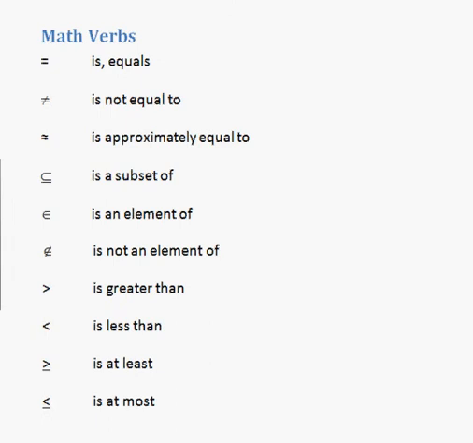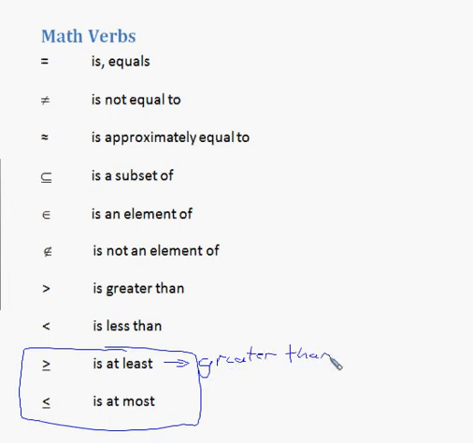You've seen them before in previous courses, but we have greater than, less than, and then the ones with the little lines underneath, is at least, which we read a lot of times, greater than or equal to. So at least, so the very lowest, so it has to be greater than that or equal to it. And this one we think of as less than or equal to.